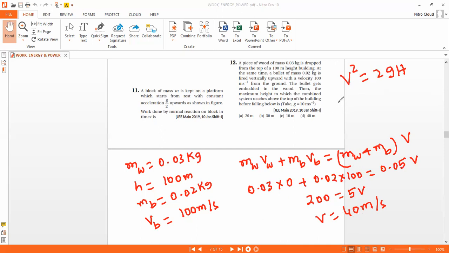So I'll substitute here. We'll get the combined velocity.